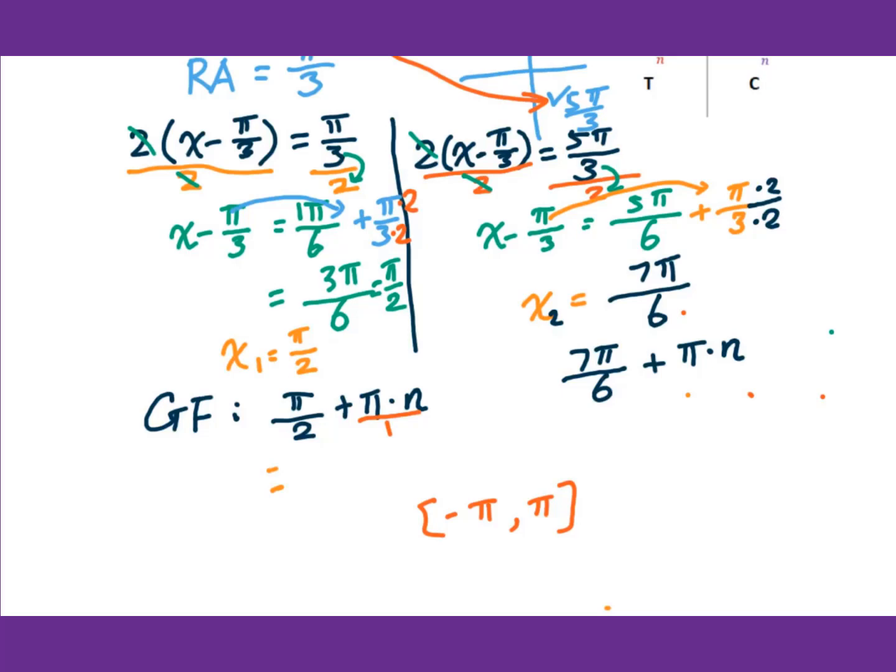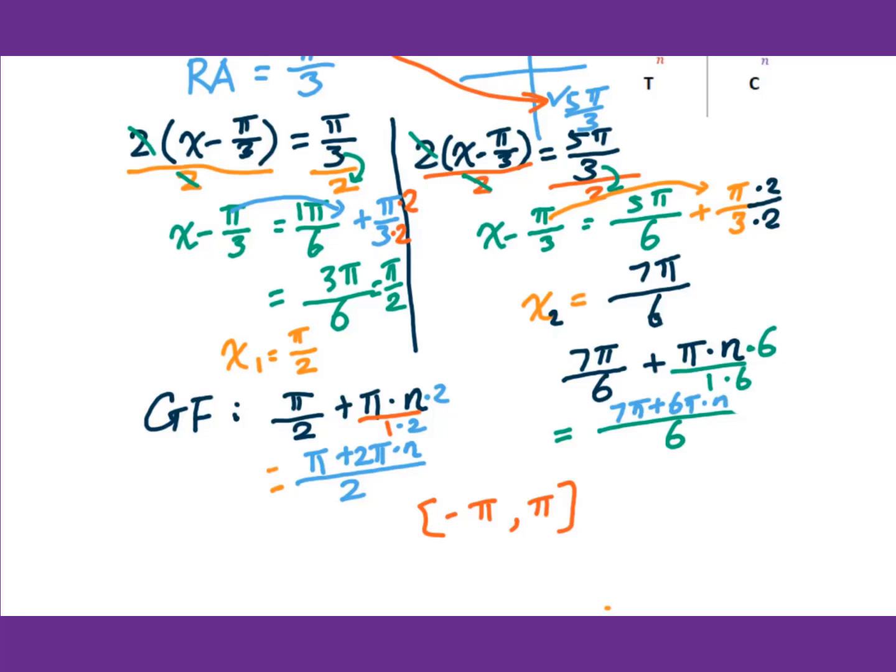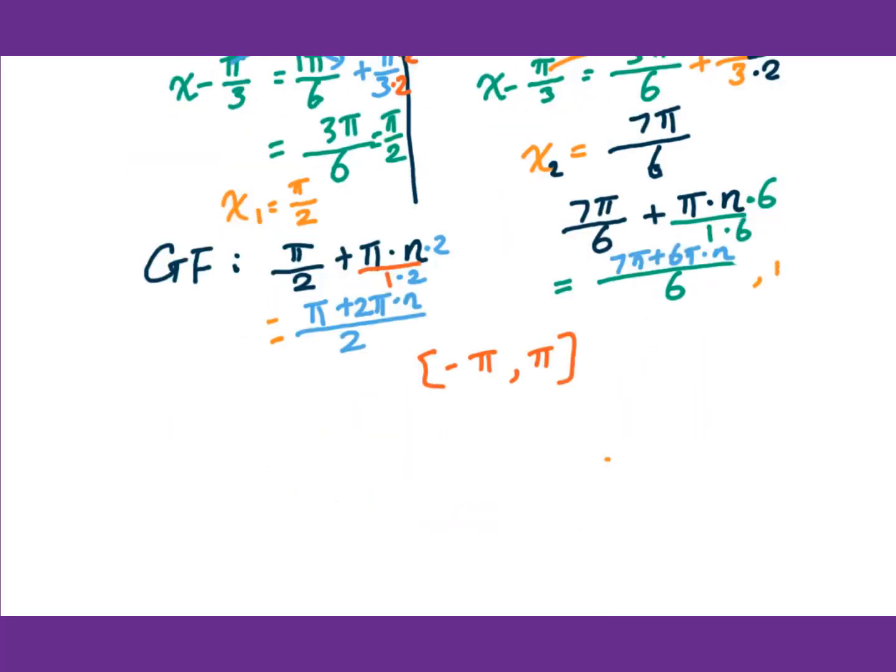So we put over 1, then we multiply by 2. You will get denominator 2: pi plus 2 pi times n. For this part, I put over 1. Then I can get denominator 6, so multiply by 6. So you will get 7 pi plus 6 pi times n. And don't forget n is all integers.